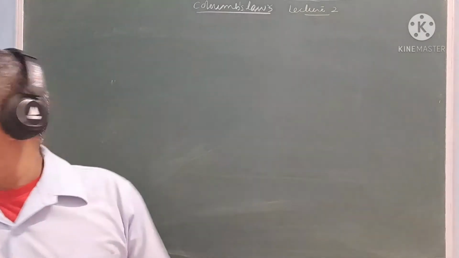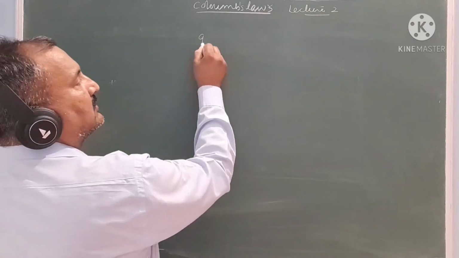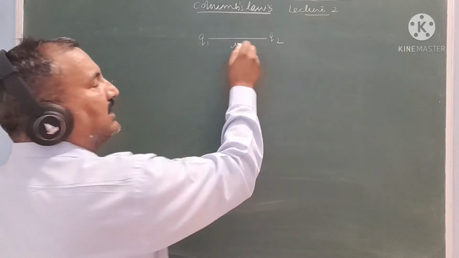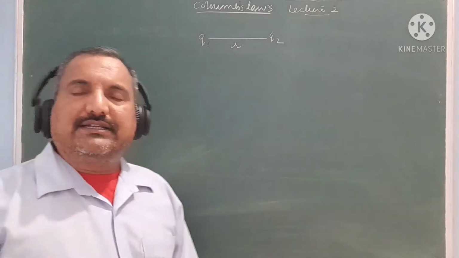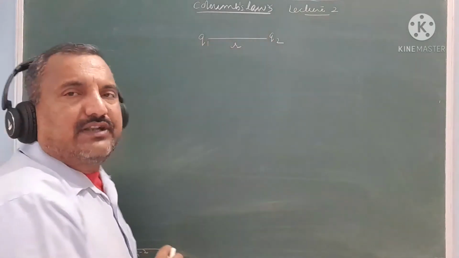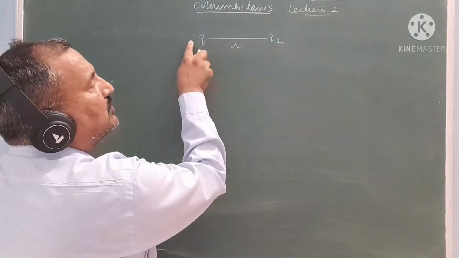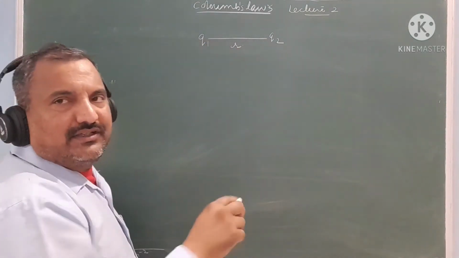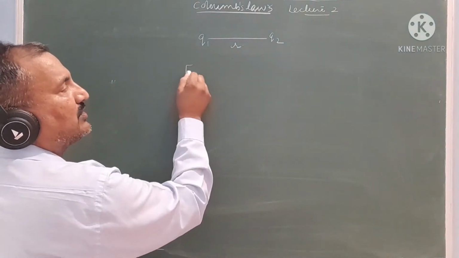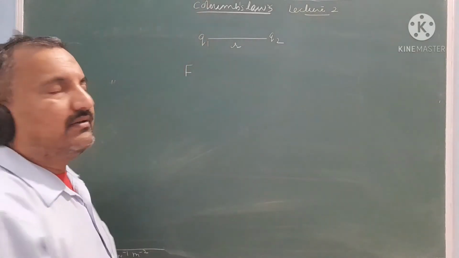Okay, we were there. Suppose these are the charges Q1 and Q2 separated by distance r. The nature you have already studied. Now, what is the force of attraction or repulsion? If Q1 Q2 has no sign, it is positive, which means it is repulsive. So how do I write the force? I have placed these charges in air or vacuum.